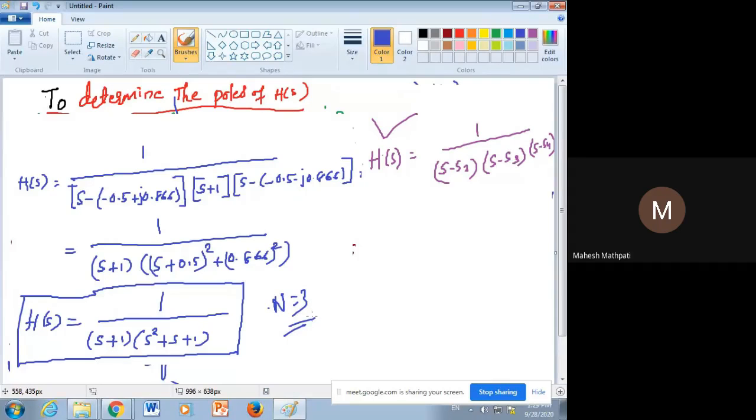So this is how we calculate the transfer function for this Butterworth low pass filter of order n equals 3, poles and transfer function. Hope you understood this, right? So we will stop it here. Further, we will continue again in the next class.